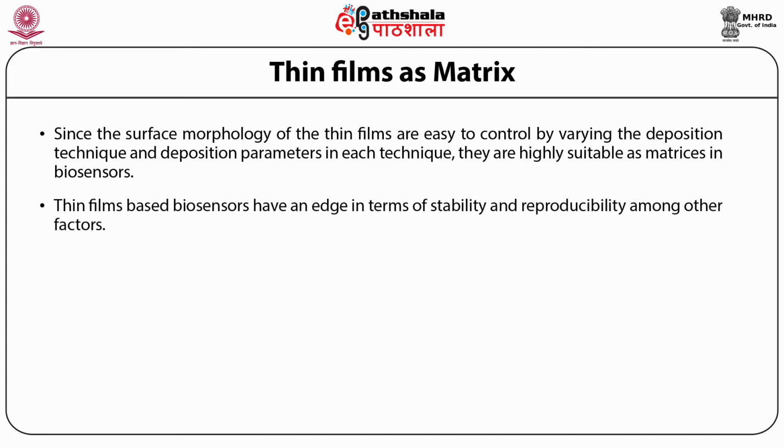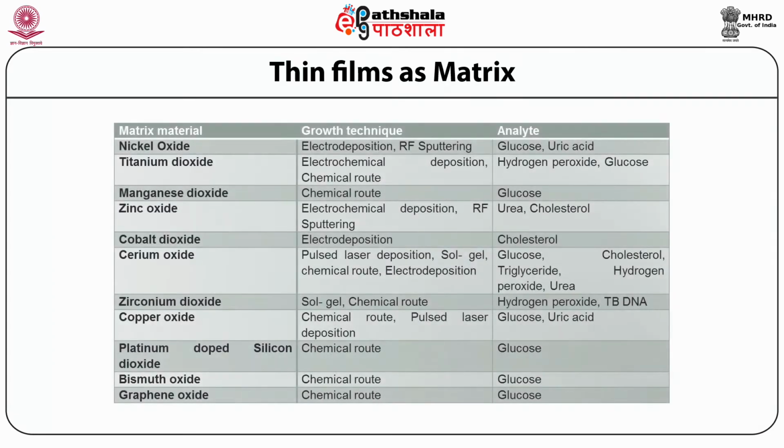Thin film based biosensors have an edge in terms of stability and reproducibility among other factors. A few examples of thin film based biosensors are listed in the table below, in which we can see there is a matrix material, then the growth technique by which that matrix material has been grown, and the analyte which is used on that matrix material.